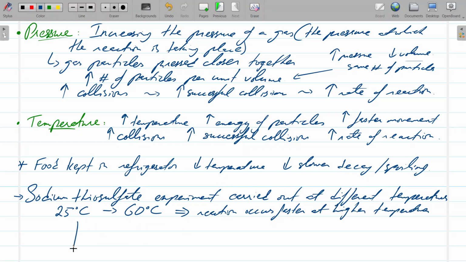And so without using proper values, so you've got temperature over here in degrees centigrade, and you've got the time taken for the cross to disappear in seconds, so time per second. And again, what you would notice is as you increase the temperature, right, the time taken decreases, right? Now again, you can use the thing with the rate, right?